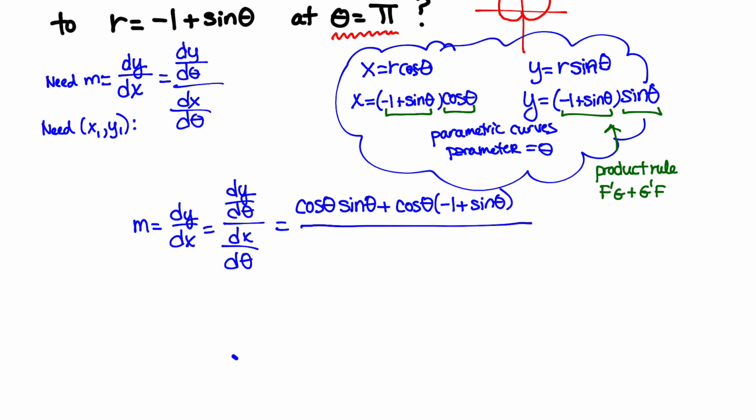And then I'm doing it with the dx d theta and making sure everybody's getting what I'm getting. Derivative of the first times the second plus the derivative of the second. Wait, I'm doing the wrong function. Hang on. Derivative of cosine is negative sine. And then negative 1 plus sine. Okay. Whew. I almost had that all wrong.